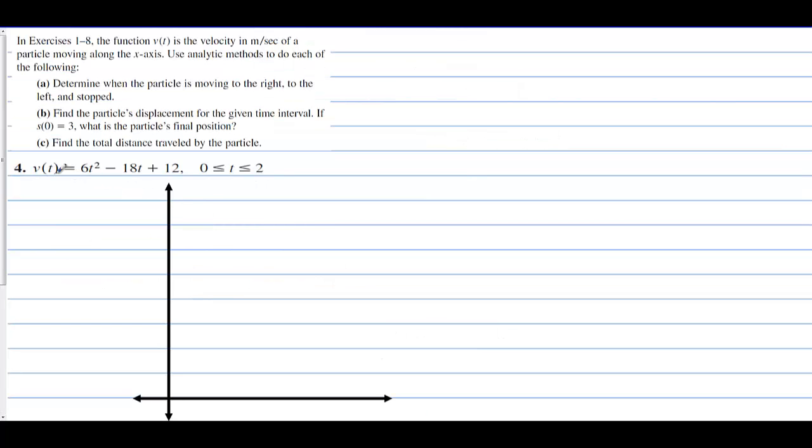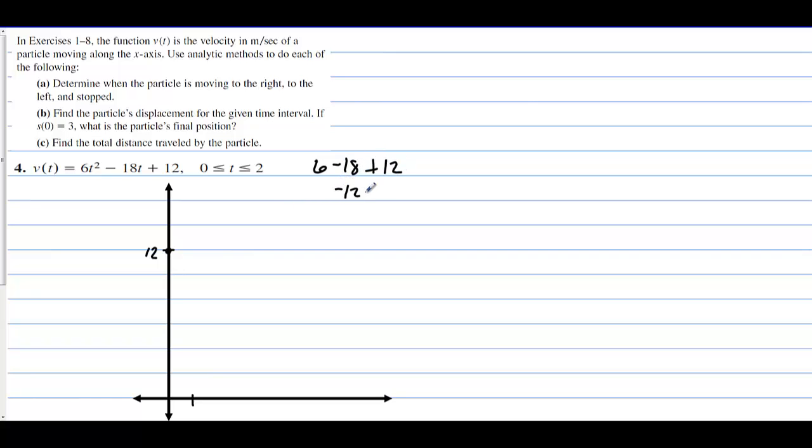Let's do number 4. We have v of t equals 6t squared minus 18t plus 12. And we will look at things from 0 to 2. If we plug 0 in, we get 12. Let's call 12 right here. When we plug 1 in, we get 6 minus 18 plus 12.